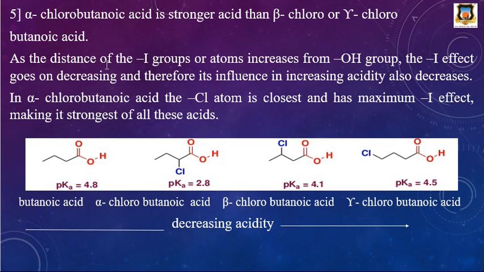Then as the distance of the minus I group or atom from the OH group increases, the minus I effect goes on decreasing, and therefore its influence in increasing the acidity also decreases. Here in butanoic acid the pKa is 4.8, in alpha chlorobutanoic acid the pKa is 2.8, in beta chlorobutanoic acid the pKa is 4.1, and in gamma chlorobutanoic acid the pKa is 4.5.